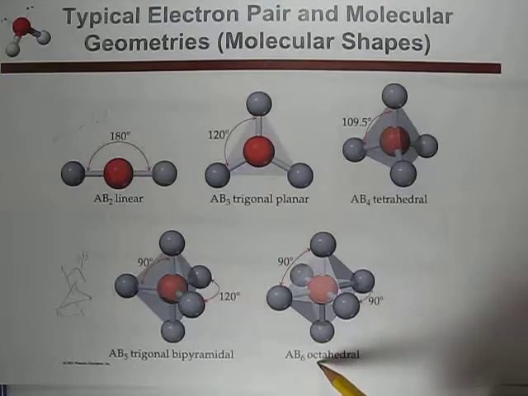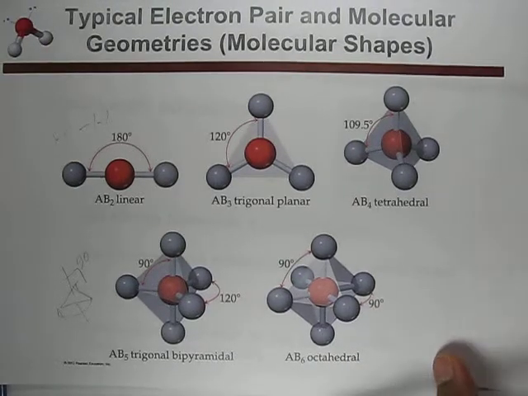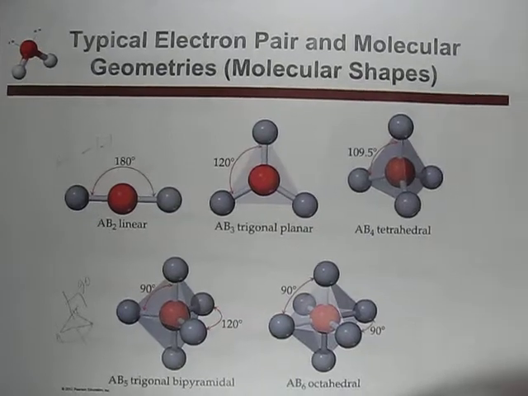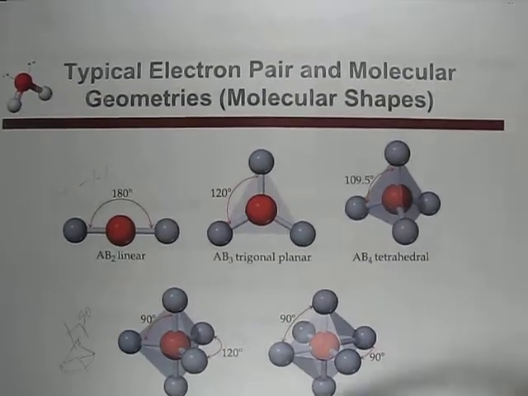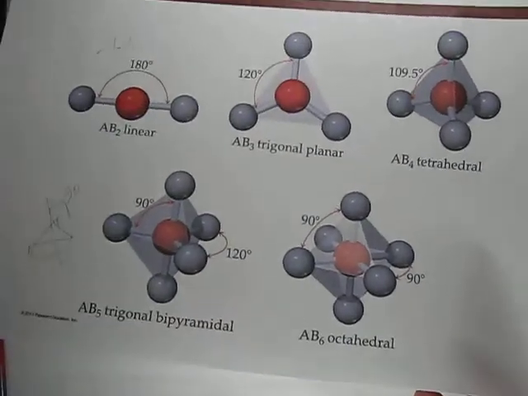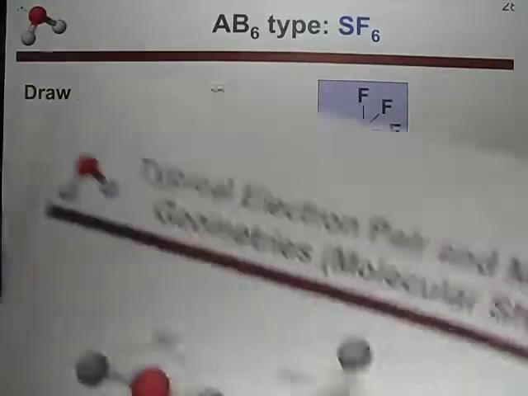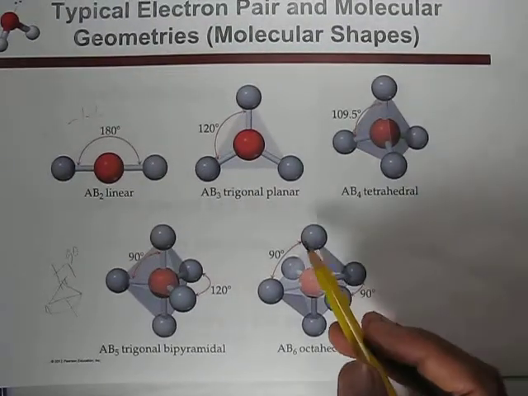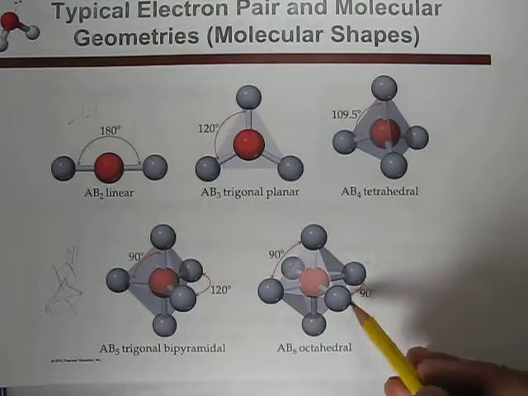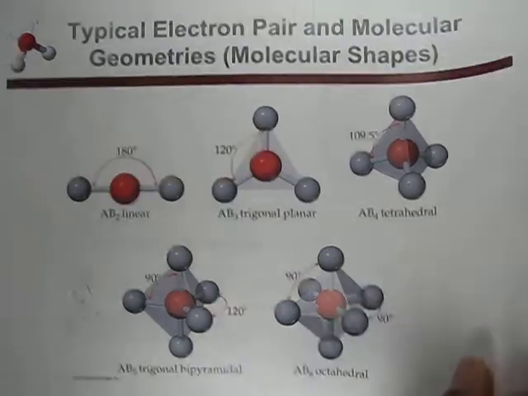For 0 non-bonding domains, the molecular geometry and electron pair geometry are octahedral, and the bond angle between these two will be 90 degrees, and these two also 90 degrees.